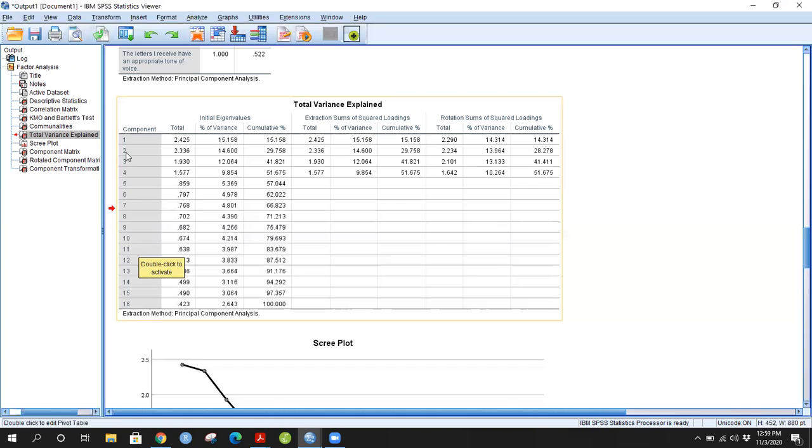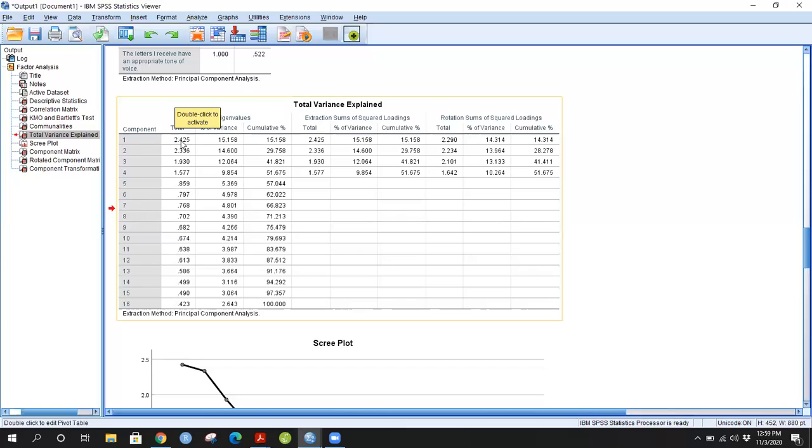That means the total variance will be 16, that is, 16 times 1. Then the percentage of variance which gets explained by a particular factor can be found out using this calculation.